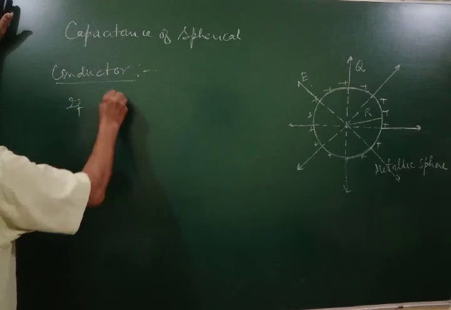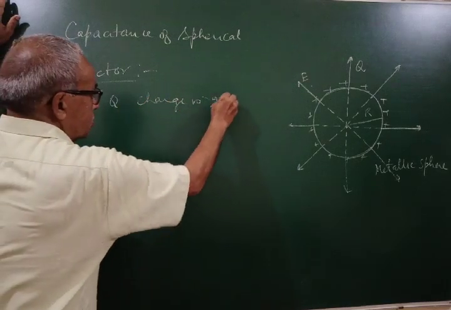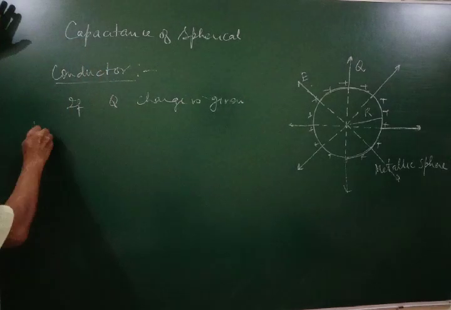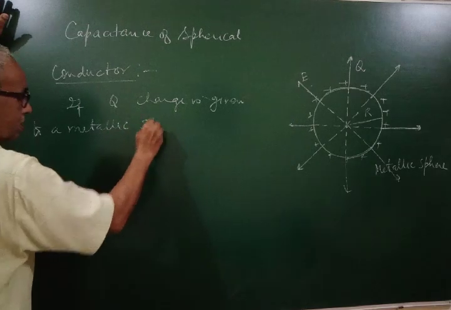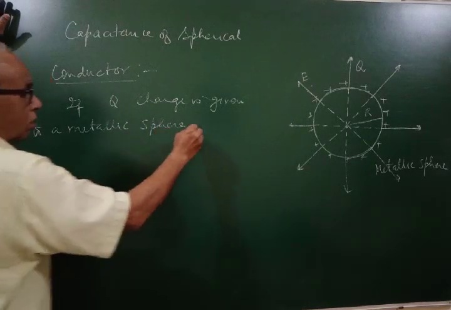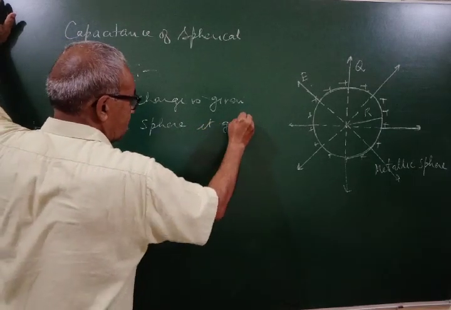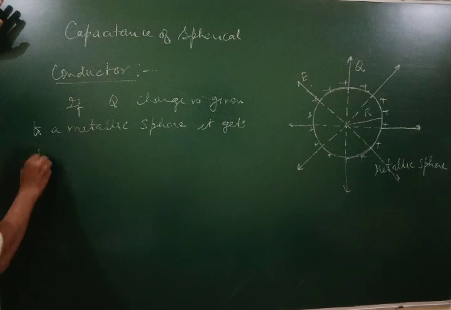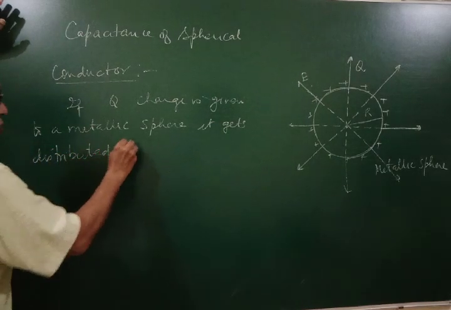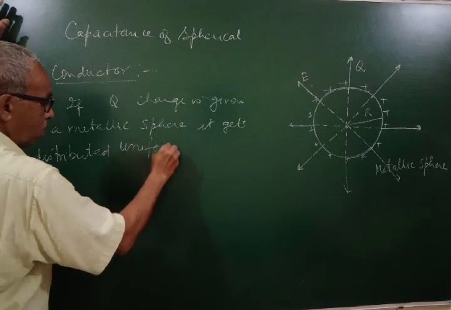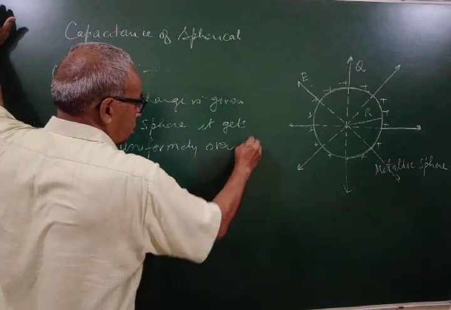If capital Q charge is given to a metallic sphere, then it gets distributed uniformly over the surface.